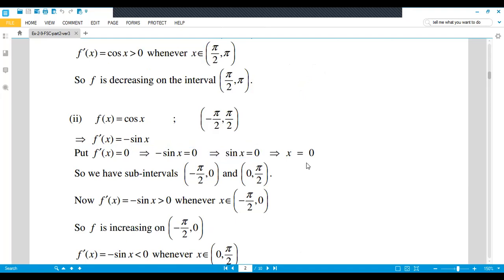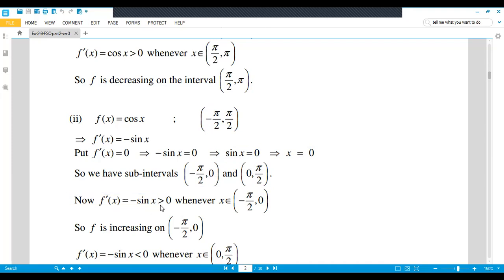It will be x equal to sine inverse 0, which is 0. So the given interval is minus pi by 2 to plus pi by 2, and the subintervals will be minus pi by 2 to 0 and 0 to pi by 2. These are the subintervals.